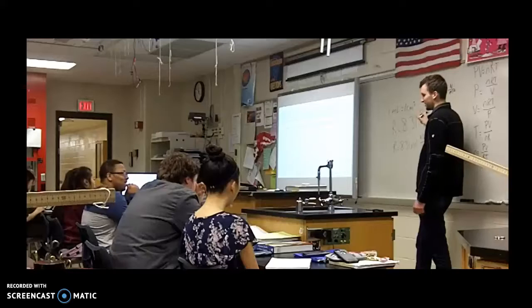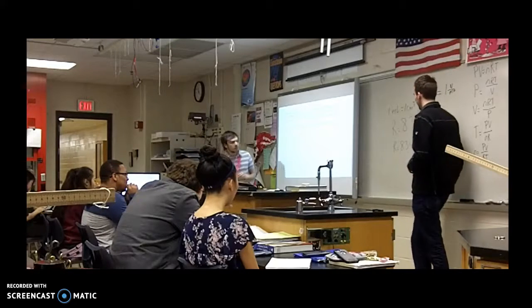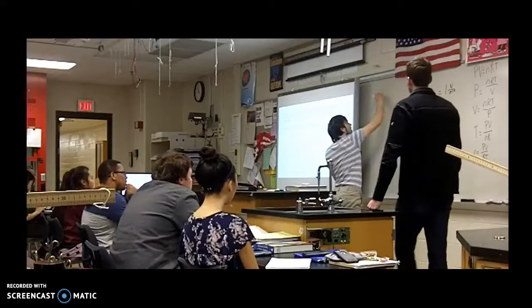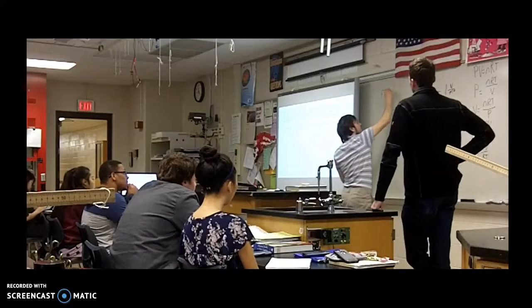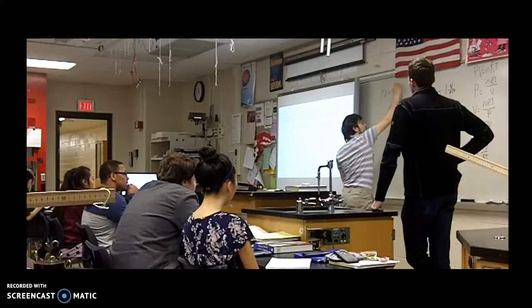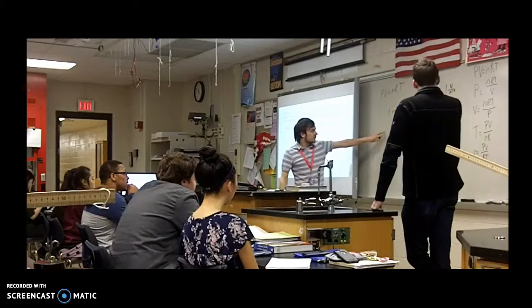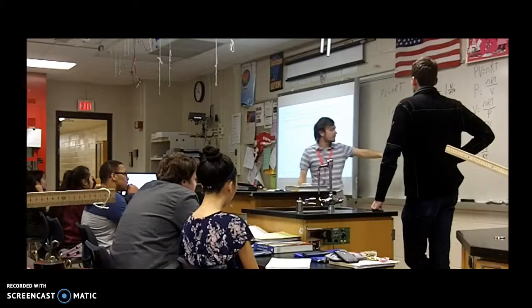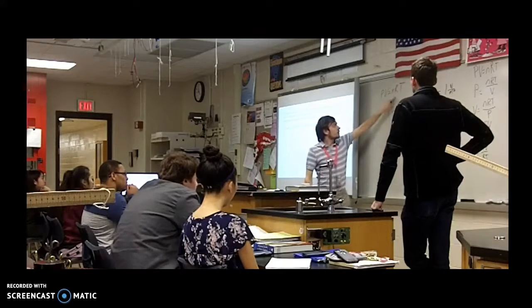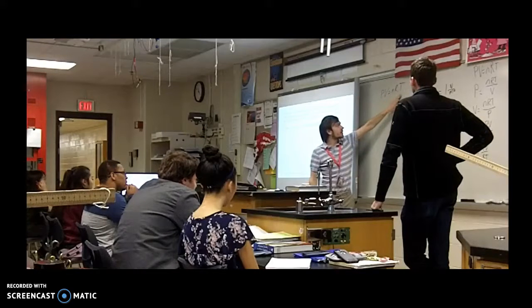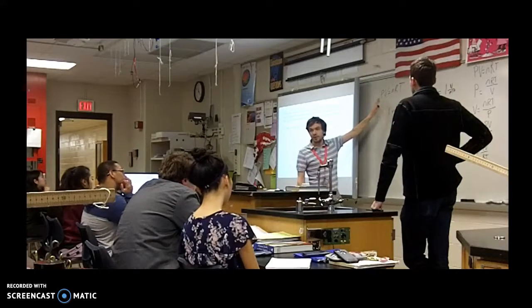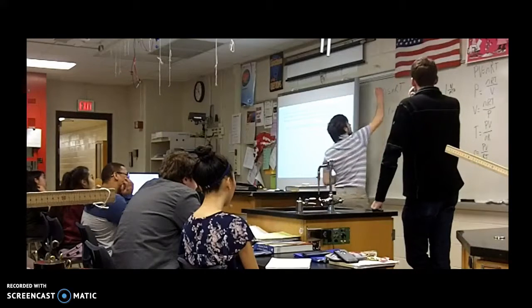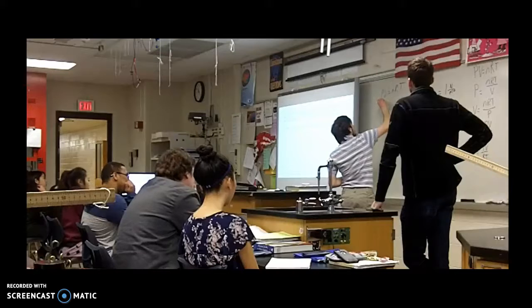When you've got our equation PV equals nRT, Mr. Rush has written out the different values we might use for R with their different units. We need R, when multiplied by the moles and the temperature, to have the same units as the pressure multiplied by the volume. In this case, we have a volume of 0.25, and that's in meters cubed.